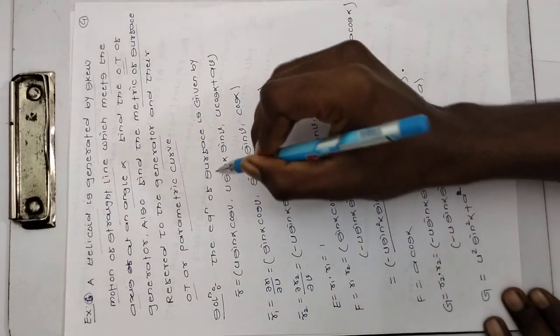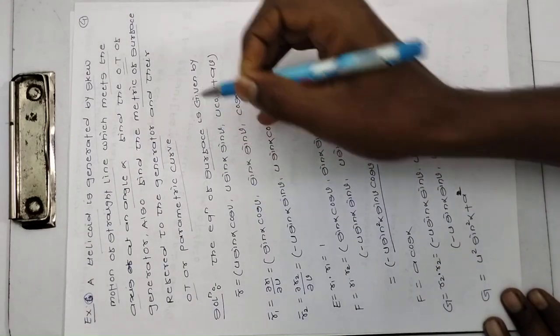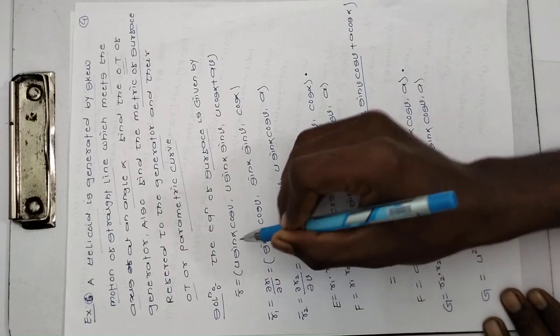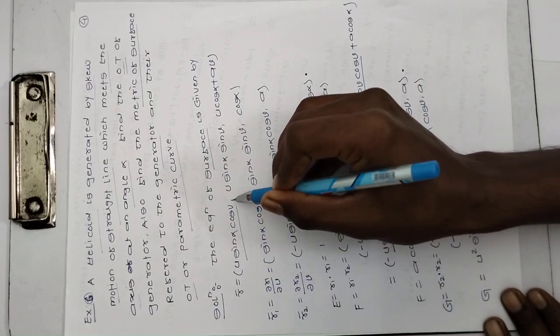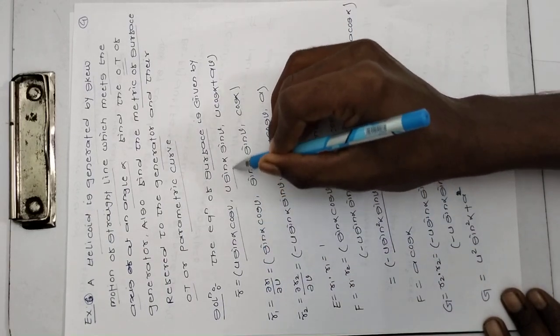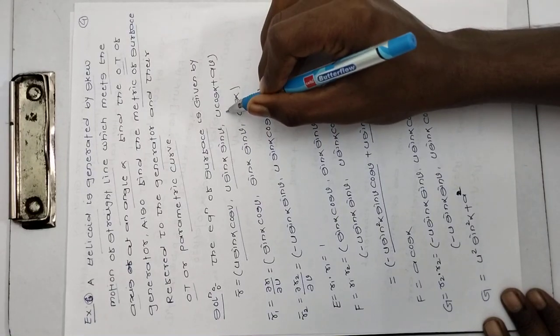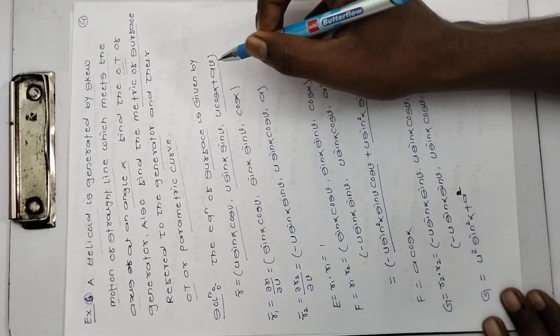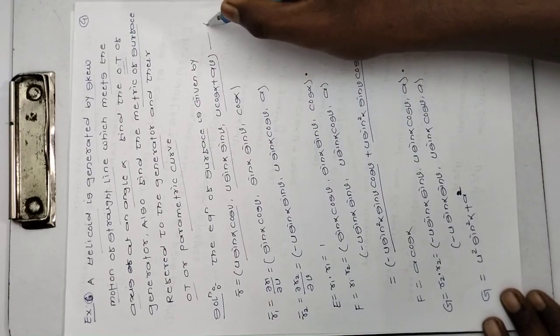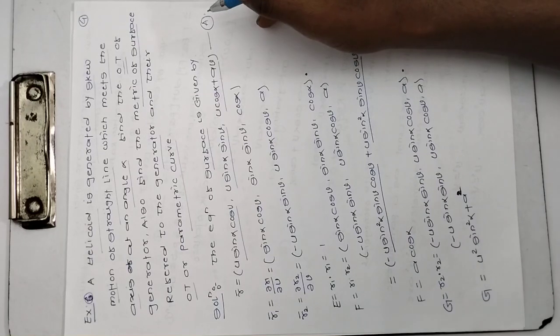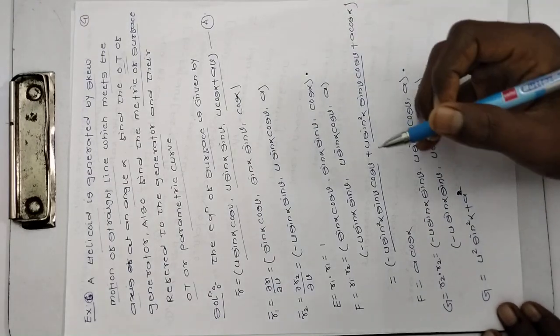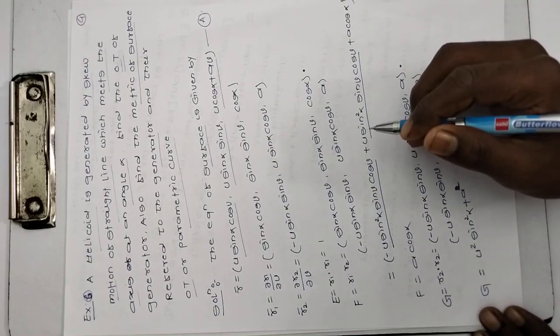So let's start the solution. The equation of the surface is given by R bar is equal to u sin alpha cos v, comma u sin alpha sin v, comma u cos alpha plus av. These are the position vectors of a helicoid generated by the skew motion of a straight line. So we require R1 bar and R2 bar.